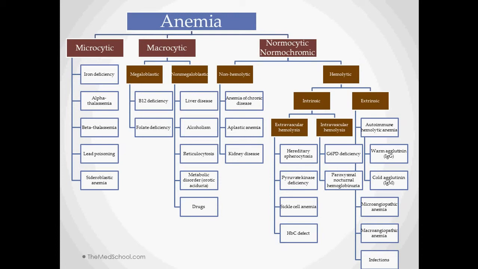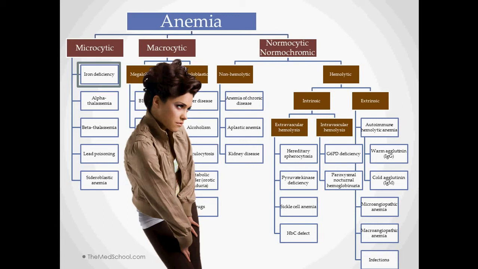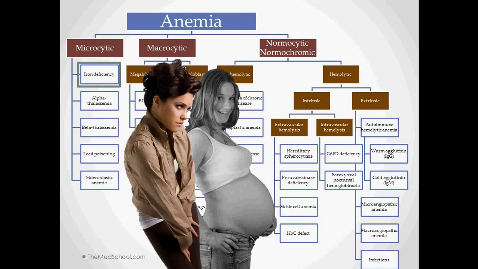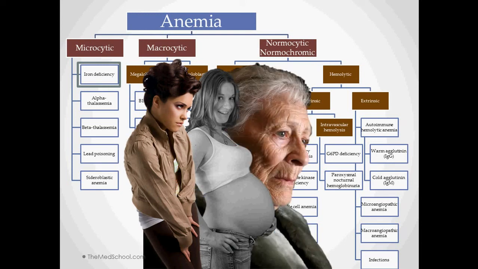And the most common of these is the iron deficiency anemias. The patients that you're going to see with this are commonly an adolescent girl who's just started menstruation, a pregnant female who's donating her iron to a greater cause, and the elderly, men or women, who are not getting enough iron in their diet because of socioeconomic conditions or maybe due to dementia and not understanding what they need to eat or remembering to eat.